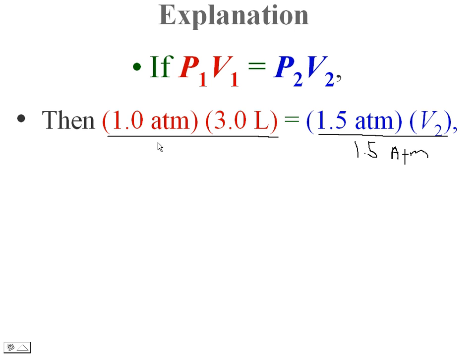We get 1.5 atmospheres on this side. The atmospheres will cancel out. We are left with volume on this side, and we can cancel out on this side the atmospheres. That gives us what we're looking for in units.